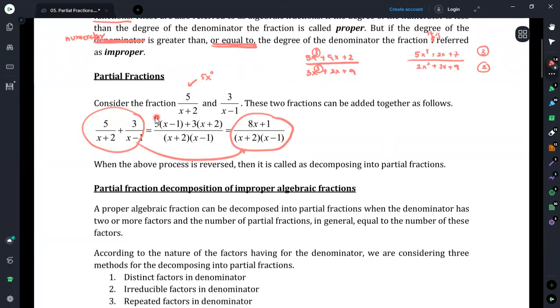In that situation, we call this technique decomposing into partial fractions. This is what we are going to do. We are considering the reverse process, and we are going to find out how we can decompose this fraction into partial fractions.